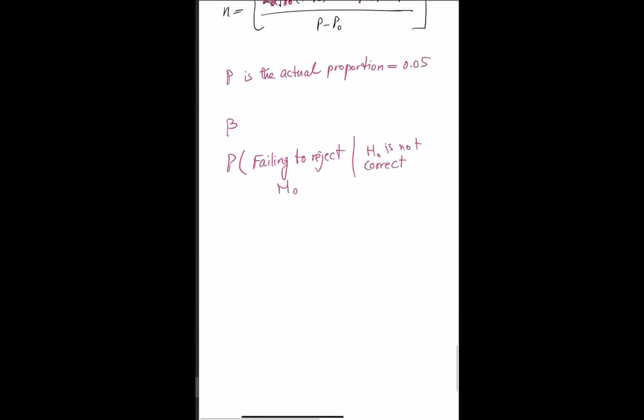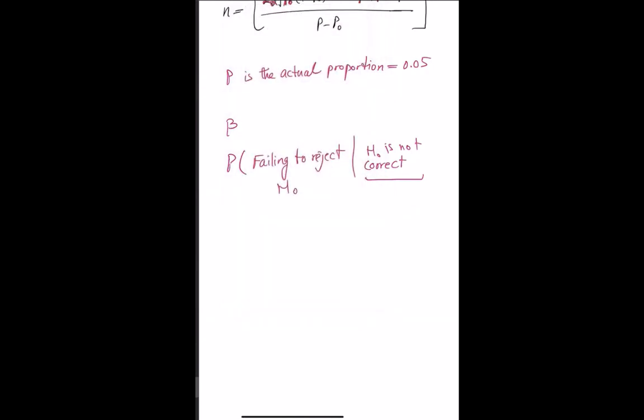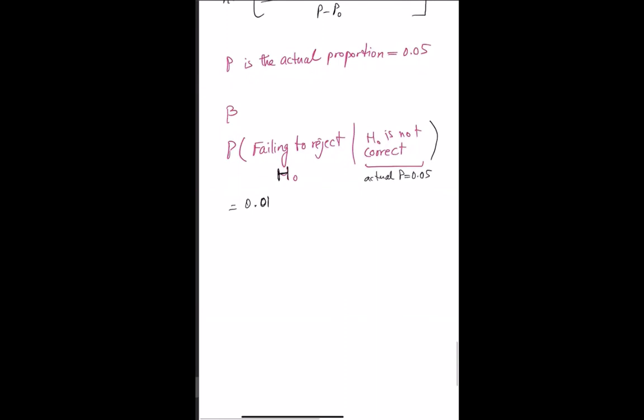It says if the actual probability is 0.05, then the chance that we are going to fail to reject the null hypothesis is 0.01. With a 1% chance, we may fail to reject the null hypothesis, and that's exactly the definition of beta.